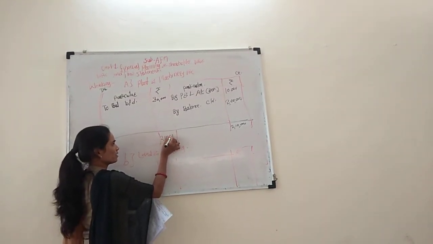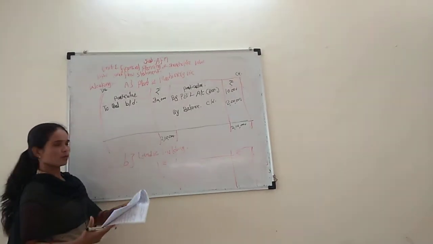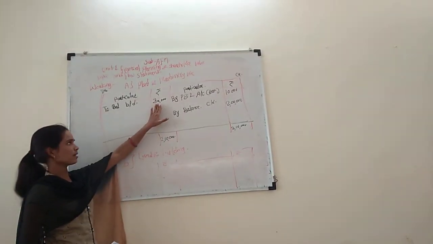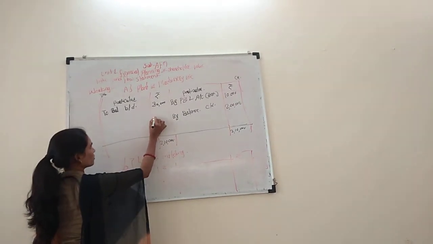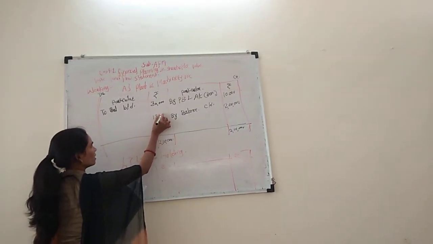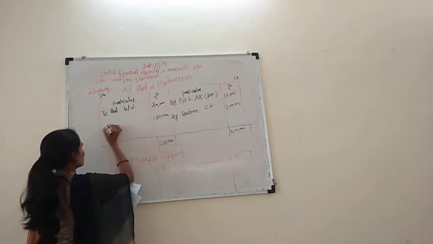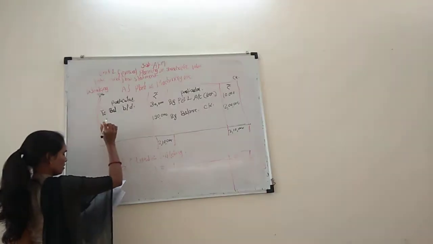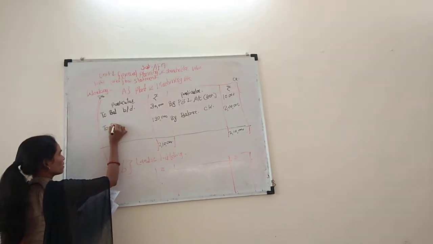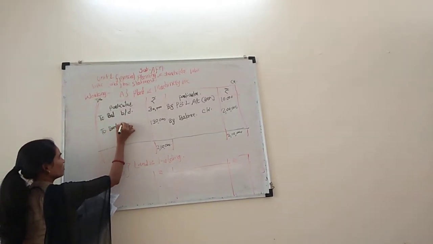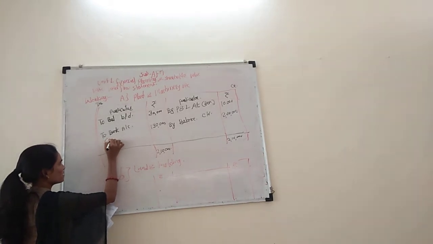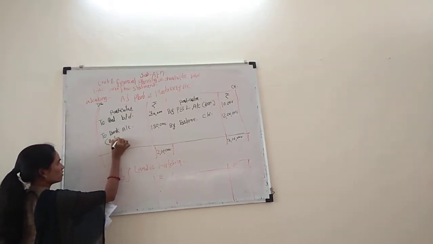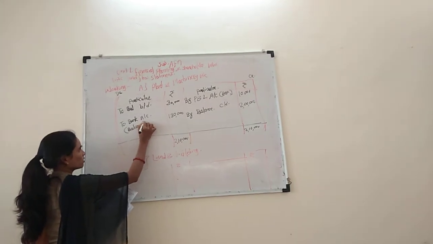This side 2 lakh 10,000, and 2 lakh 10,000 minus 80,000 is equal to 1 lakh 30,000. 1 lakh 30,000 to bank account, which means balancing figure.